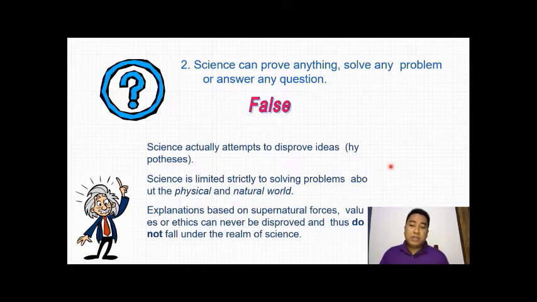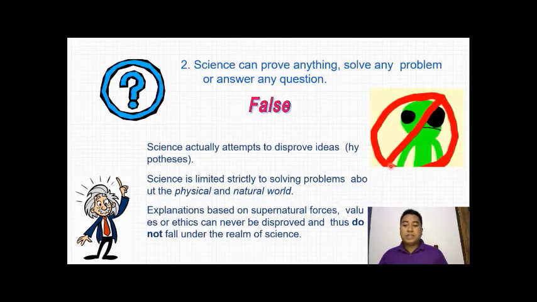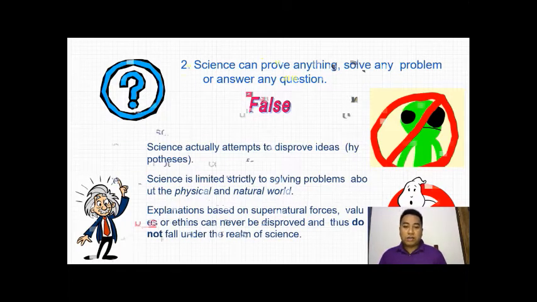As I explained earlier, science is everything that you see physically or observe in the natural world. And explanations based on supernatural forces such as aliens and ghosts are not considered to be science, even though there are theories that there are living things outside of Earth.